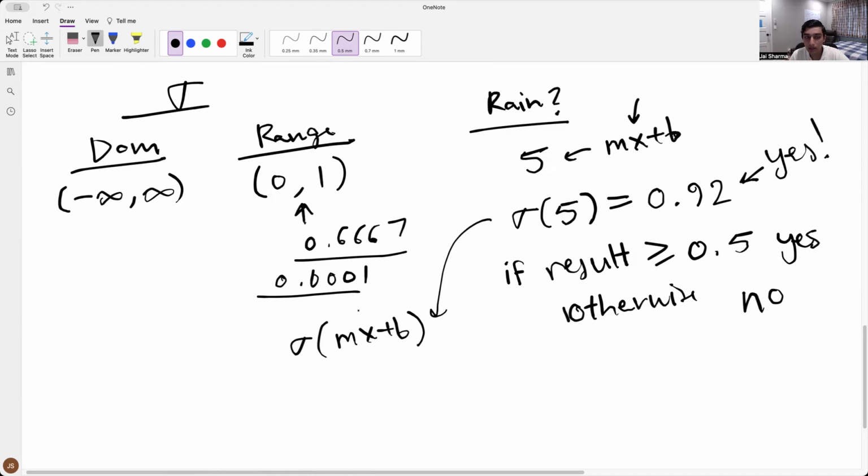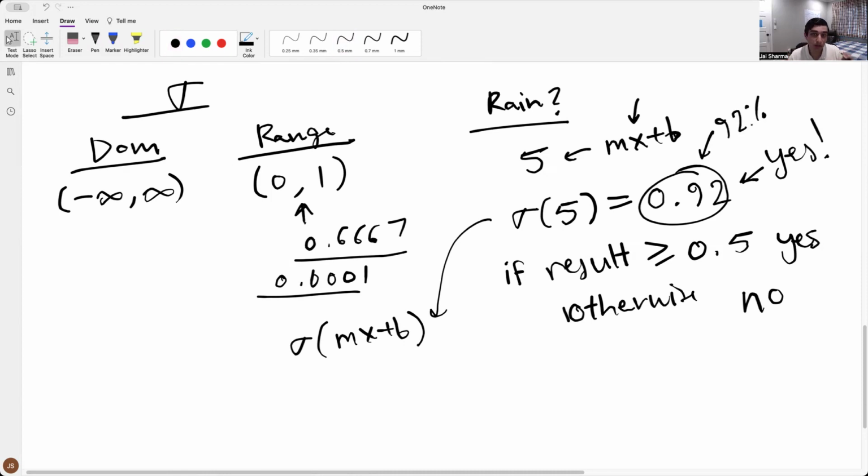Since the range of all possible outputs of this function lie between 0 and 1, we can view this as a probability. What am I talking about? Over here, 0.92 isn't just more than 0.5. We're saying that it's a 92% chance of rain tomorrow.